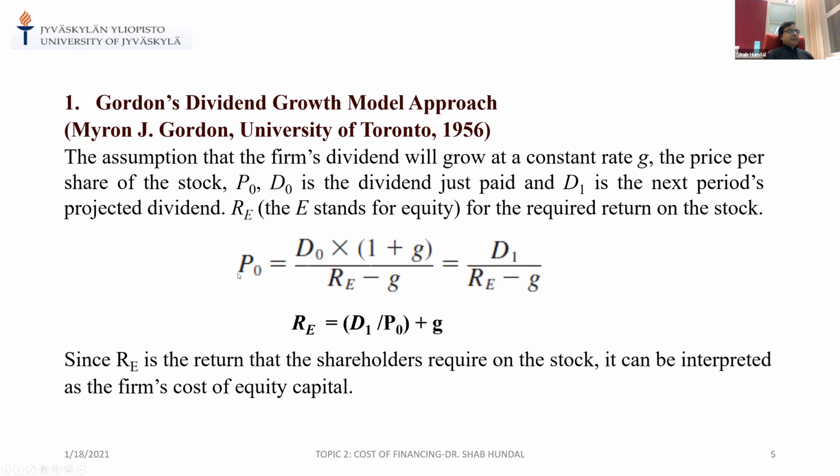But remember, the Finnair stock price which I can see on the web pages is the actual current stock price. This is also the current stock price, but this is the notional, theoretical stock price. So I can say that according to this formula, the Finnair stock price is 15 euros. But when I see the web page, I find that the Finnair stock price is 20 euros.